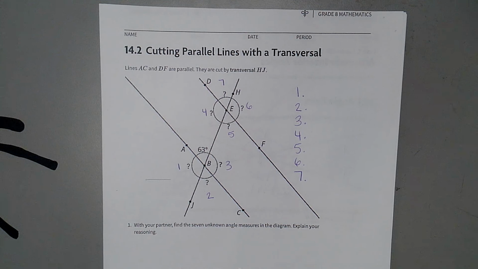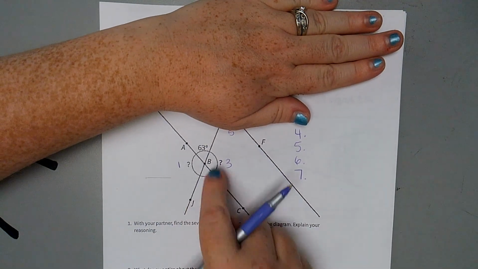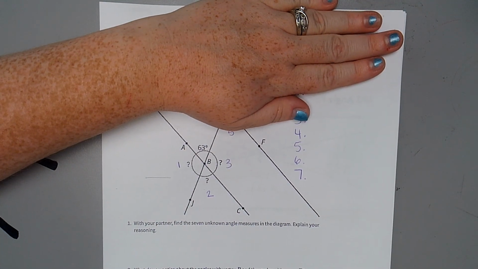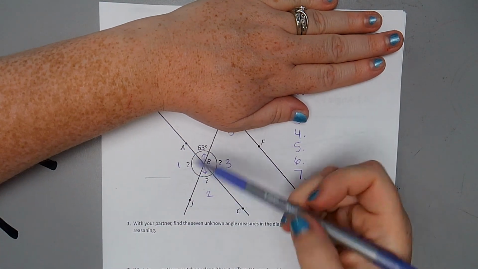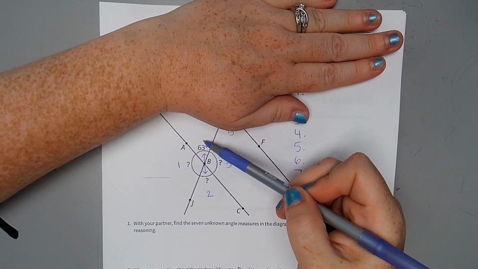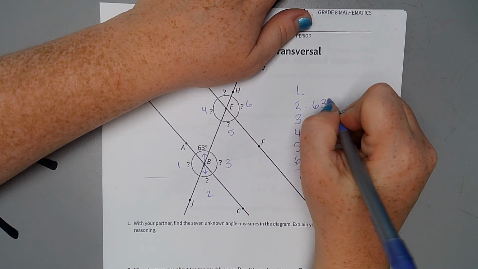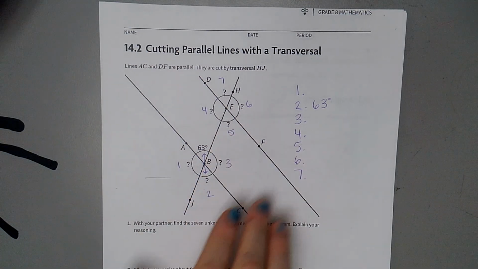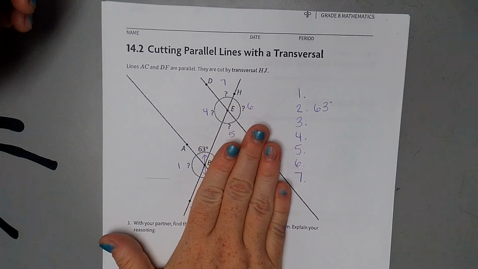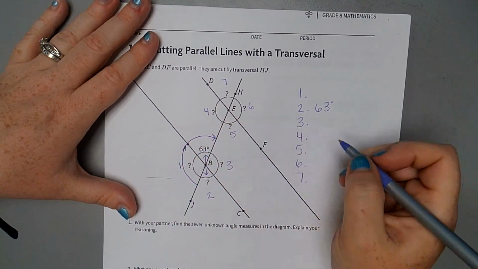So on the first page, we talked about vertical angles and how they were the same. If I cover up this half, we have two intersecting lines, and if they are intersecting, it creates vertical angles, and these two angle measures are the same. So if this is 63, 2 would be 63. We also determined that when we cover up part of it, from here to here is 180 degrees.